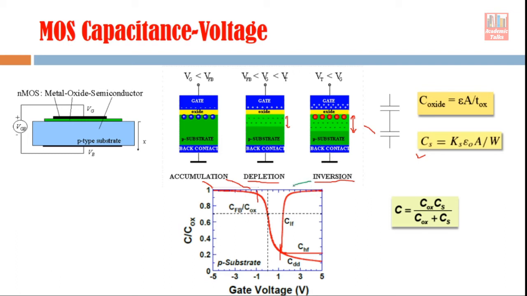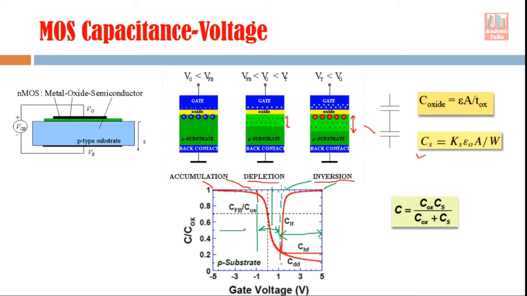So this portion somewhere from here to here, all this is inversion, and from here to here, this much was depletion region, and all this is your accumulation.